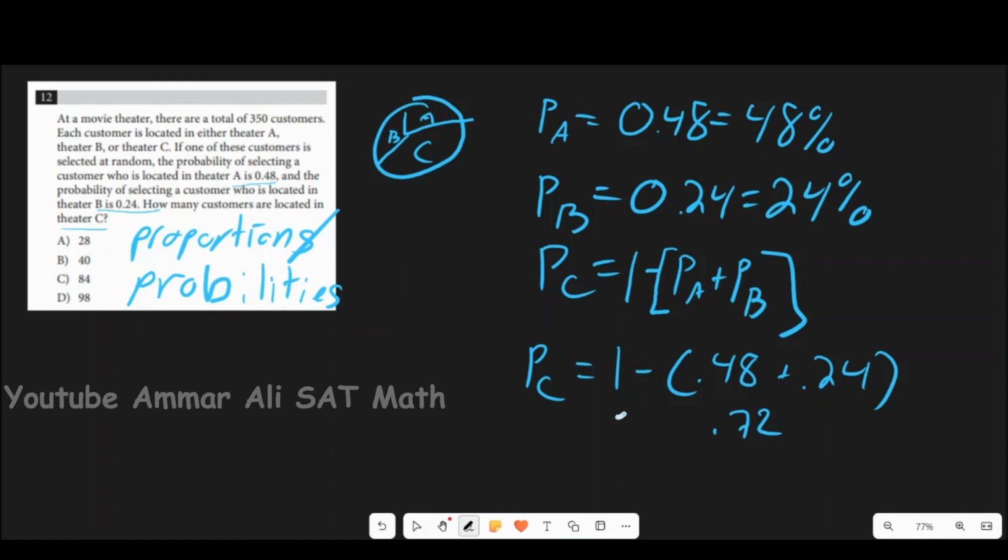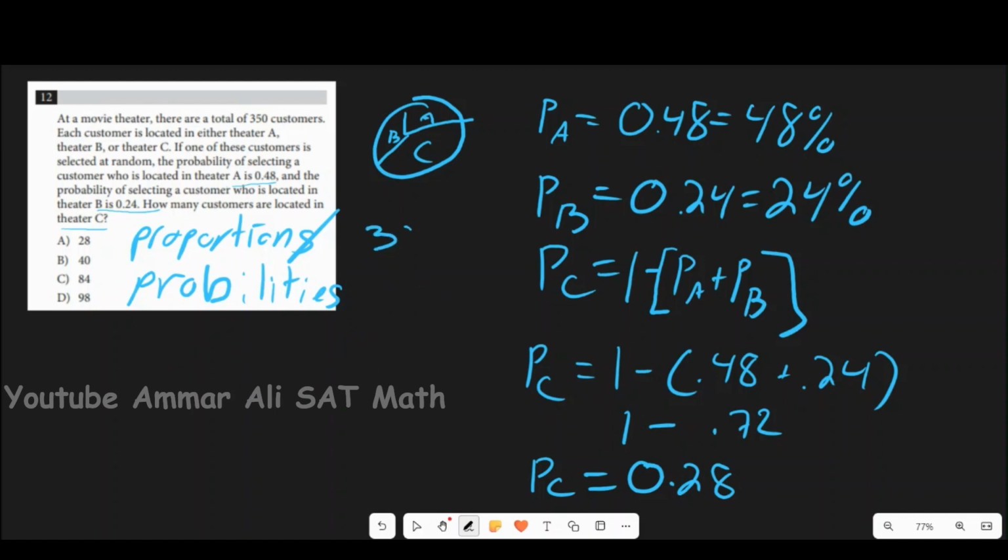So we just need to do 1 minus 0.72, and that, I believe, is going to be 0.28. So the probability of somebody being in Theater C is 0.28. Now we can just do, all right, what is 28% of 350, or what is 0.28 times 350? We can do that on this side right here.